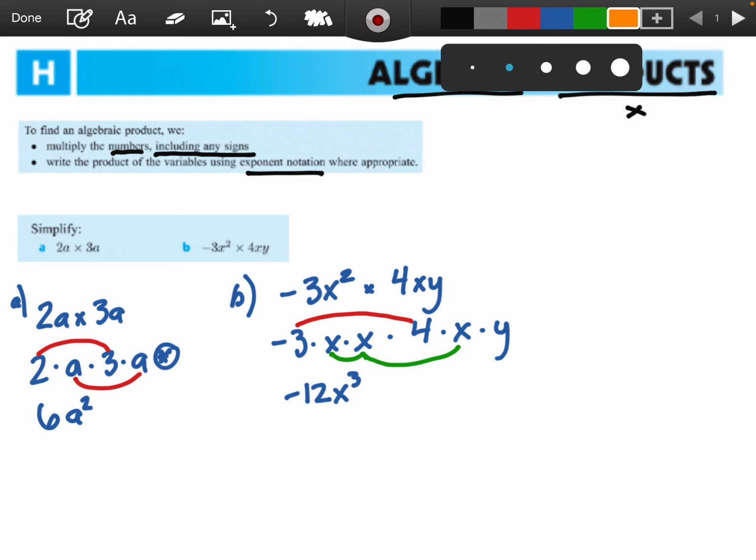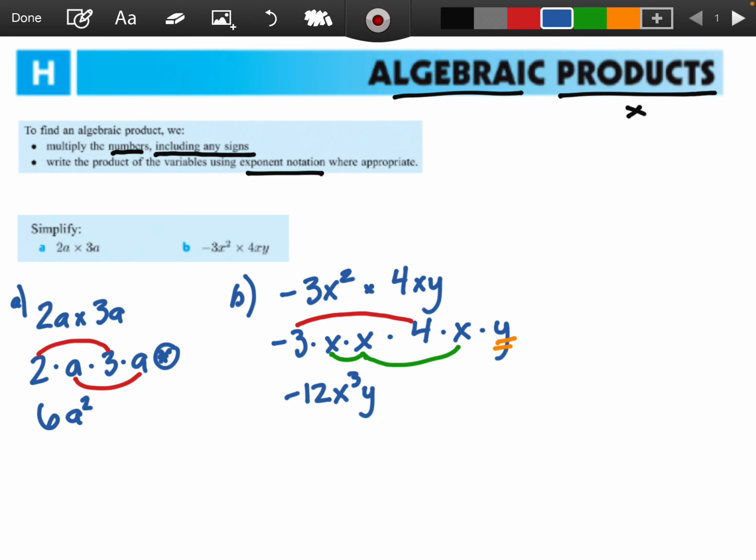Then the only thing I haven't touched is this y. There's nothing else that it can multiply together with, so it just gets stuck on the end there on its own. So the final answer is negative 12x to the power of 3y. Again, that middle step may be helpful for some of you, and it may not be required for others. Some of you may even find it more confusing to add that middle step.